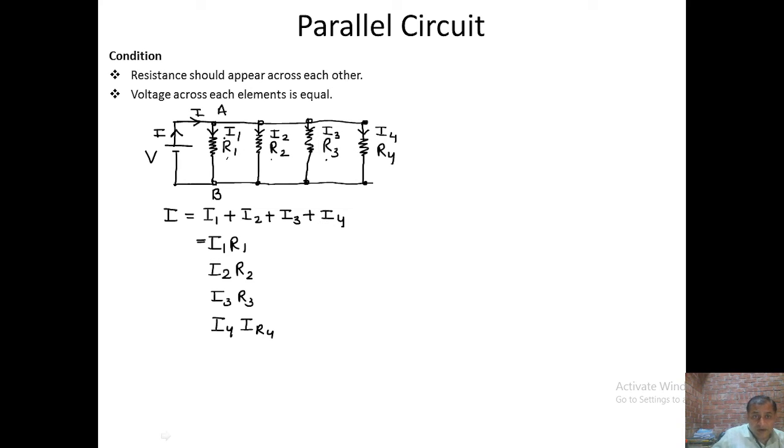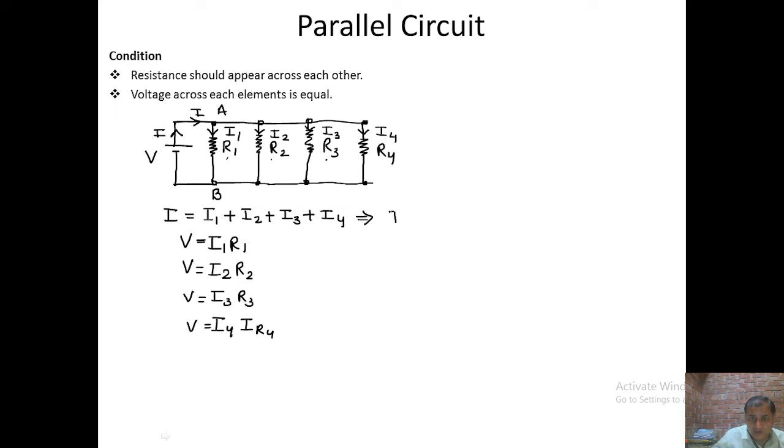But all these resistances are connected across the V volt supply. Point A is connected to the positive plate and point B is connected to the negative plate. This means the voltage across all four resistances would be the same, V. So what is the value of I1, I2 and I3?